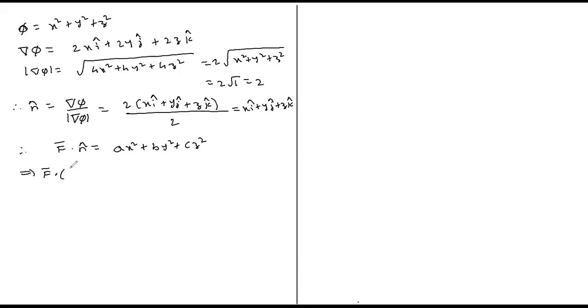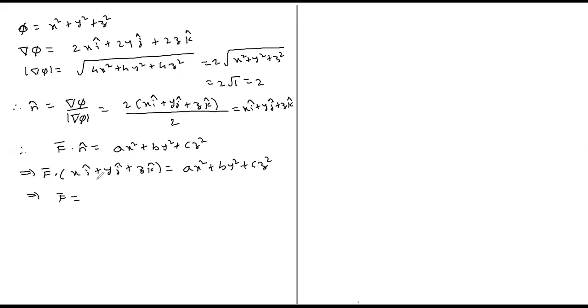So what is n cap? n cap is xi bar plus yj bar plus zk bar, and f bar dot n bar is equal to ax square plus by square plus cz square. Now comparing these two, can you guess the f bar? x is here, you want ax square.